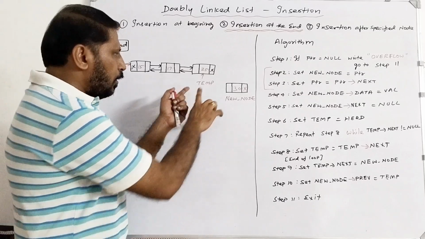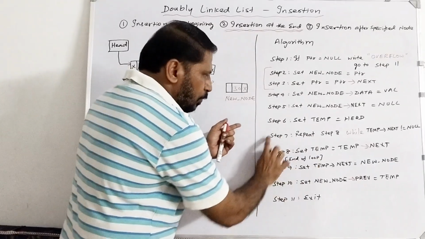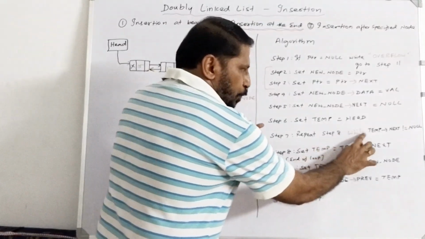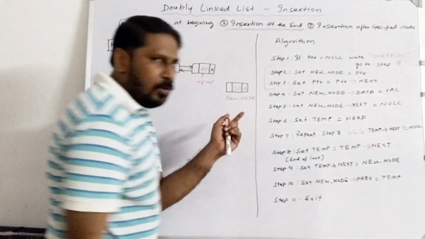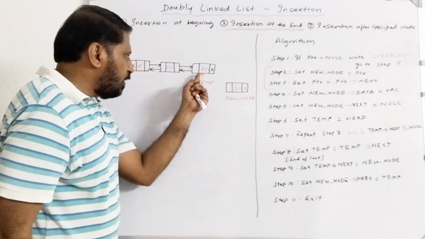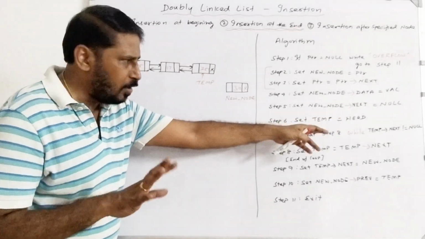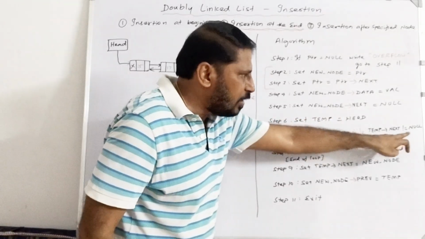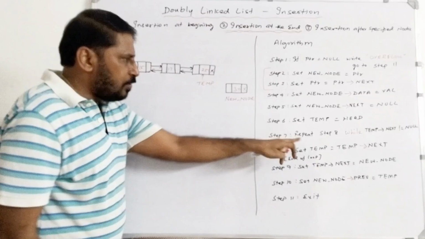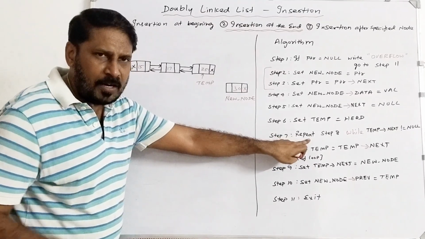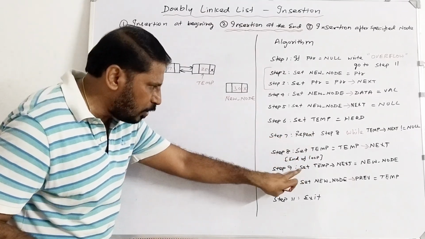Once again we come to the 7th step. What is the condition here? Temp next is null here. We are checking whether it is not null, but it is null. So it violates the condition and comes out of the loop.